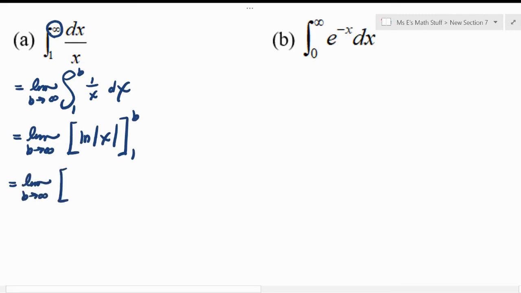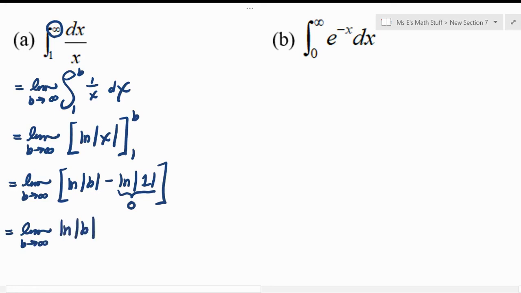Then you have the limit as b approaches infinity of the natural log of the absolute value of your upper bound minus the natural log of the absolute value of your lower bound. Evaluate what you can. The natural log of 1 asks: e to what power equals 1? The answer is 0. So you're really just left with the limit as b approaches infinity of the natural log of the absolute value of b.